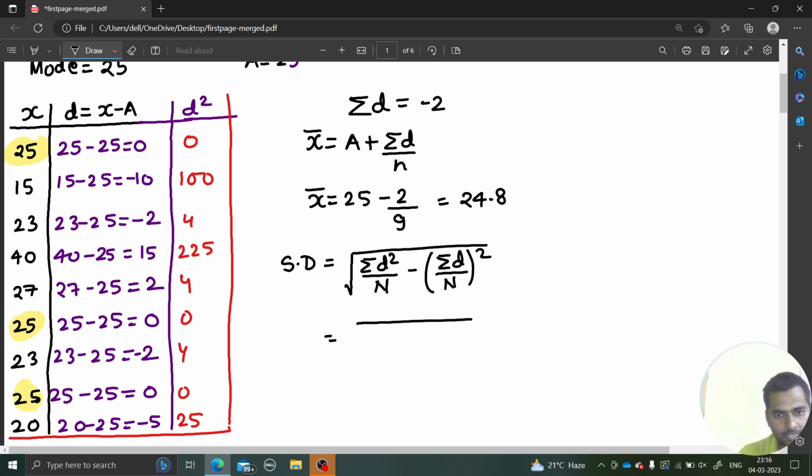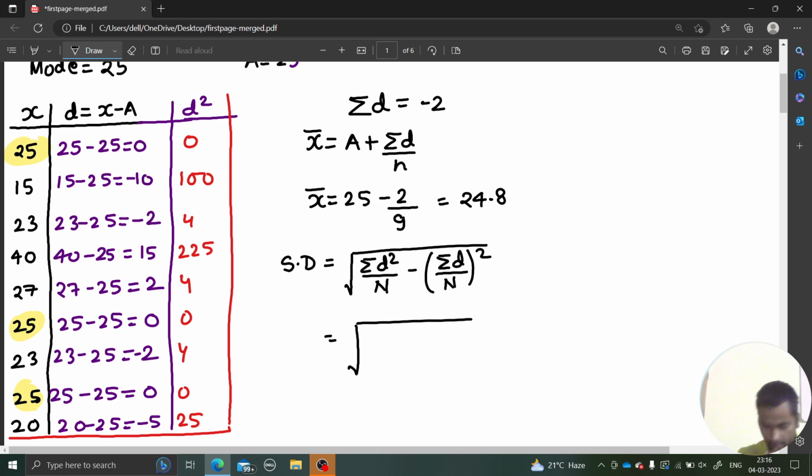So this will be under the root. Summation d square is what I need to find. So let's calculate it. So 100 plus 4 plus 225 plus 4 plus 4 and plus 25.